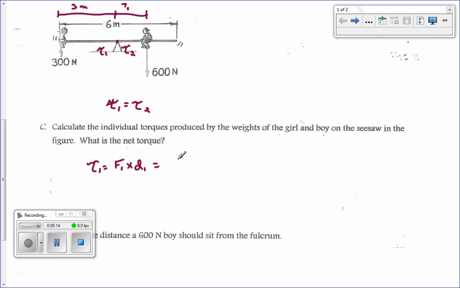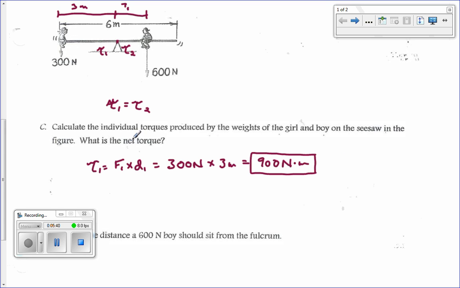The force of the girl is 300 newtons, and the distance that she's sitting on the seesaw is 3 meters. 300 newtons times 3 meters is 900 newton meters. So that's the value of each individual torque.